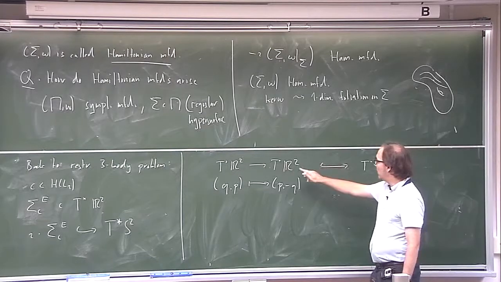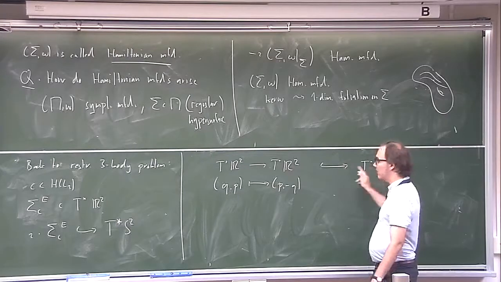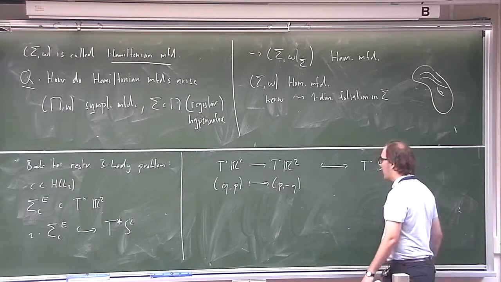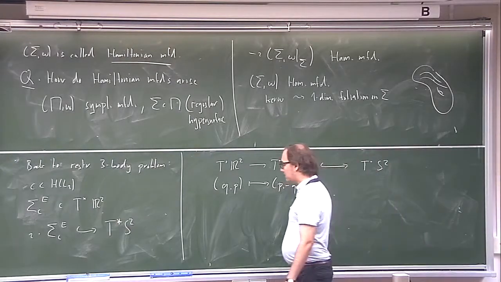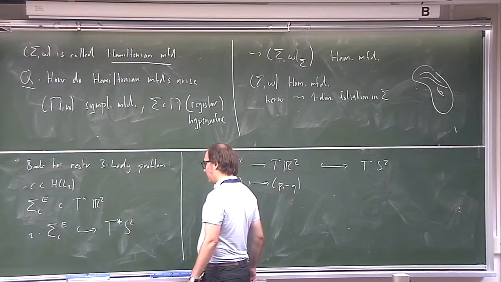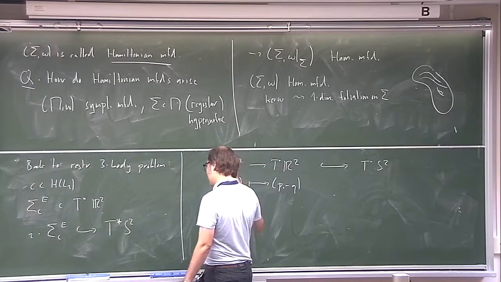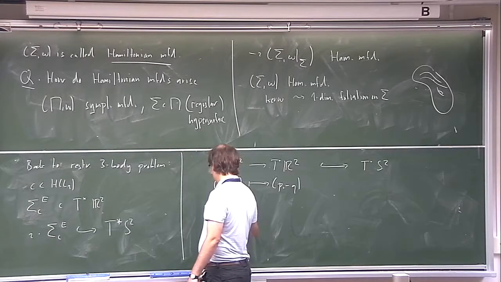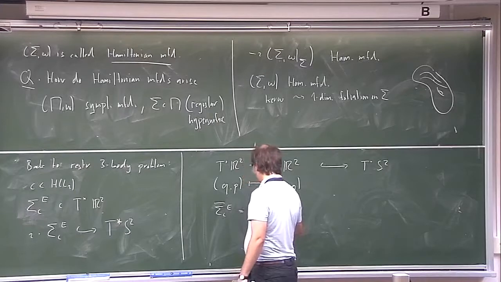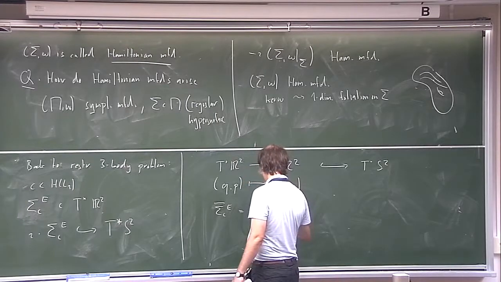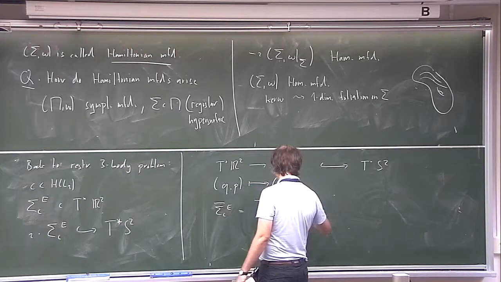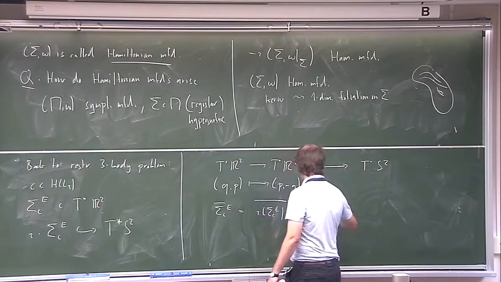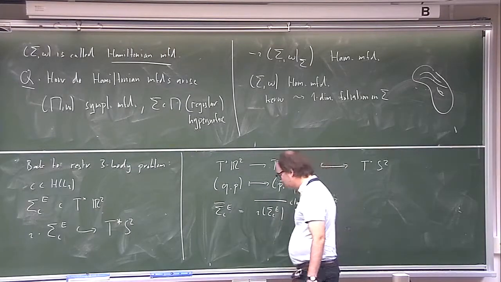You just think of R2 as a chart of S2 via stereographic projection. Then we have sigma_{C,E} bar, where we take the closure in T*S2.